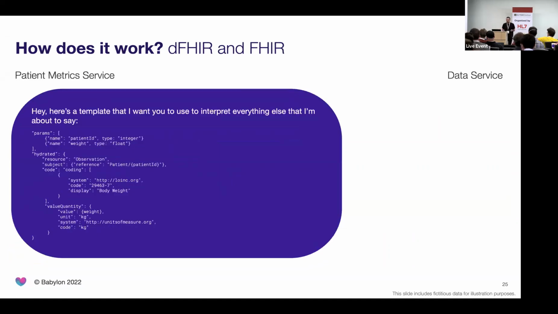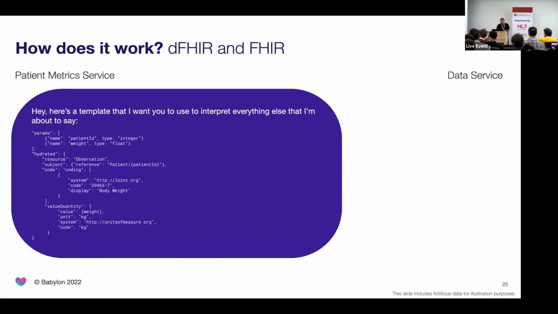So how DFHIR works is that the Patient Metrics team are actually going to give the data service a template that it can use to interpret everything they're about to say. It's a bit small on the screen, but the template essentially has two parts. It has the parameters part, that's the patient ID and weight. And then it has what we call the hydrated part, which is essentially the FHIR resource, and some indication about where those parameters should be put inside the FHIR resource.